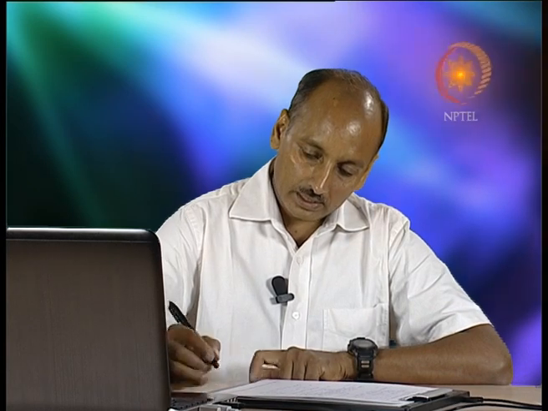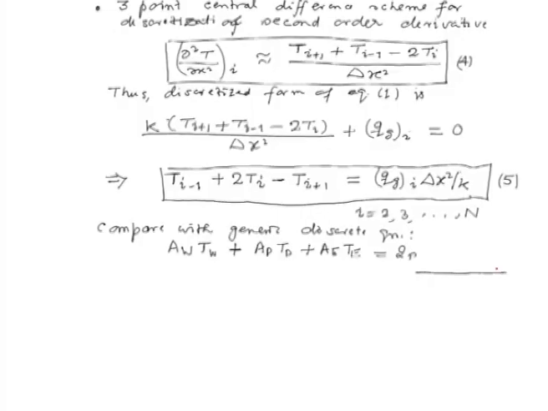Now, let us recollect the correspondence between this compass notation and our indices. So, this P stands for our node i, E stands for the index i plus 1, and W stands for index i minus 1.